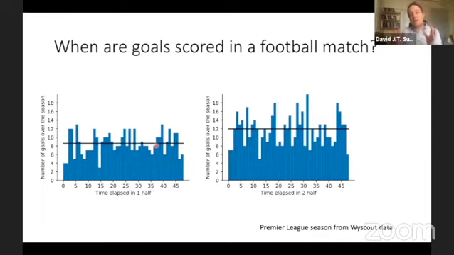Again, I want to emphasize that if you're working in betting and you want to find a small edge to exploit about this pattern, then there might be something for you to find there. But for nearly all other purposes of modeling football, the best assumption is to say that goals come at any time during a football match.